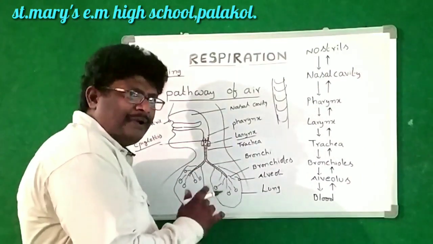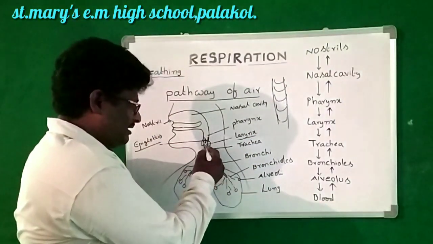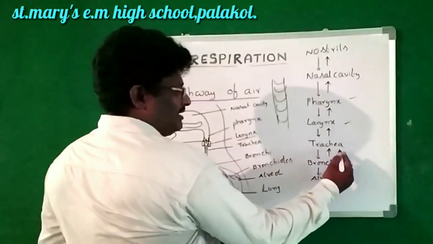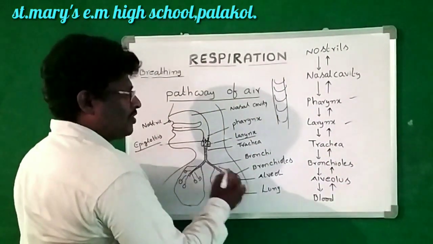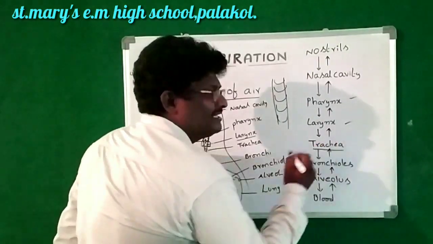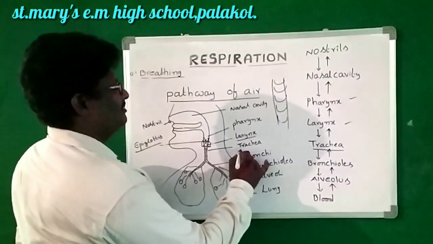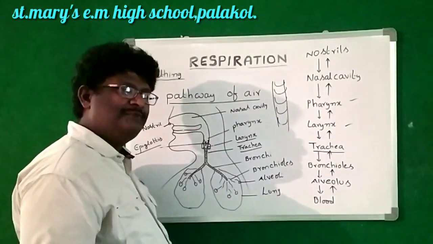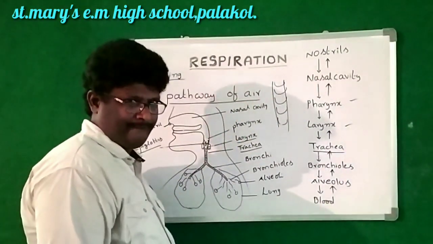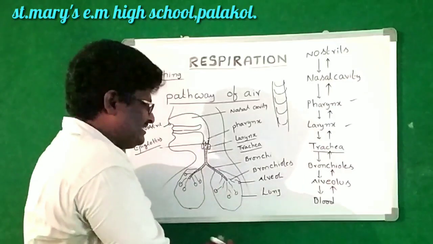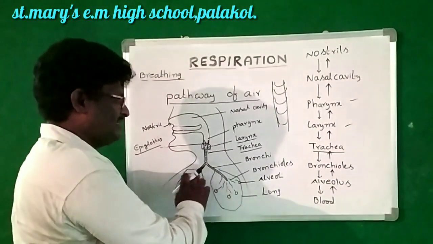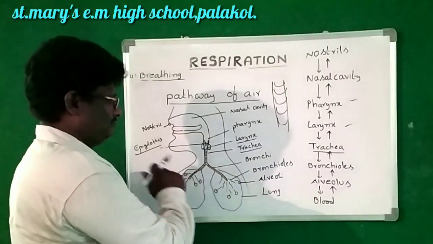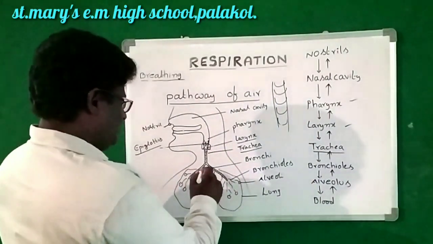This windpipe is also called the trachea. The trachea is next divided into two branches. These are the two branches.